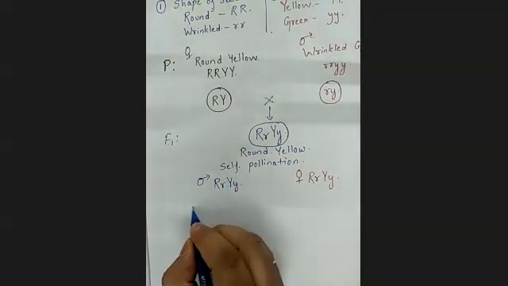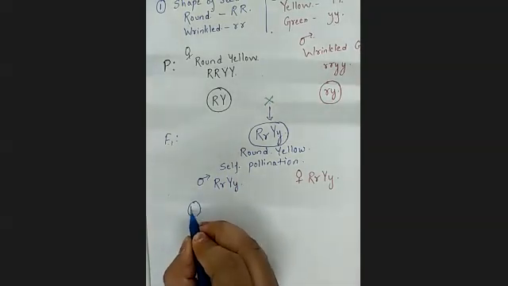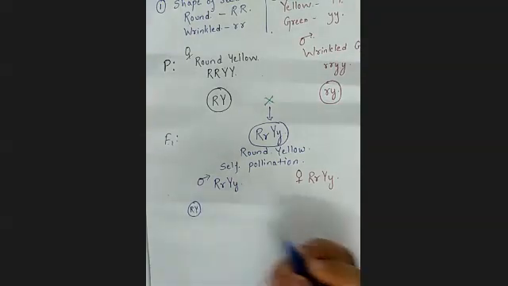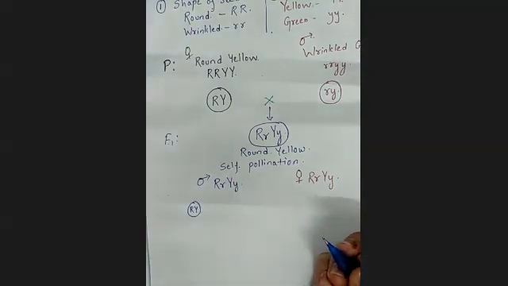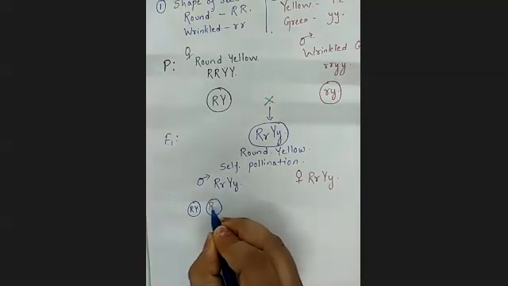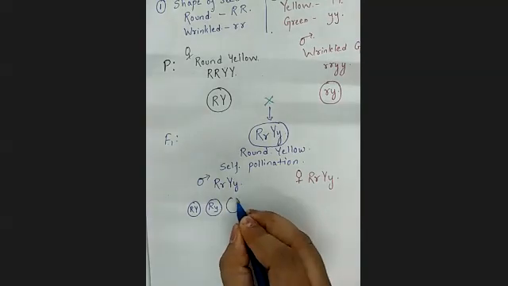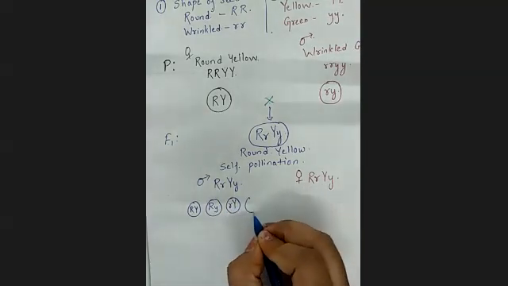He got the genetic combination of RY. One of the pollen must be like this, another possibility can be like this, and there may be another possibility of this, and another of this.